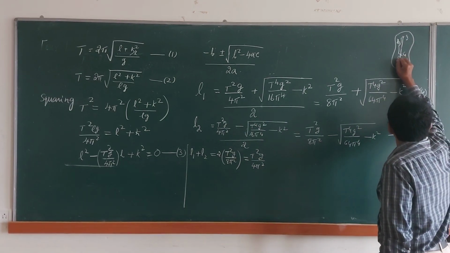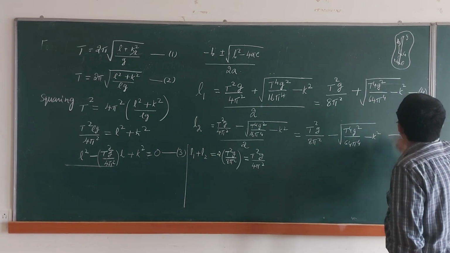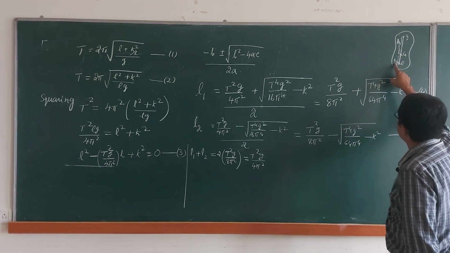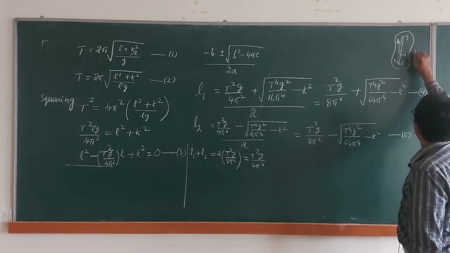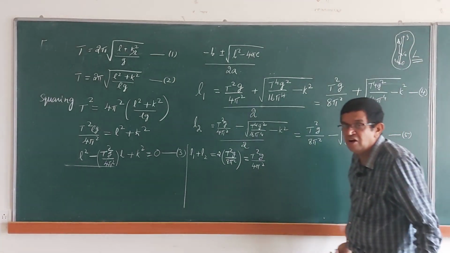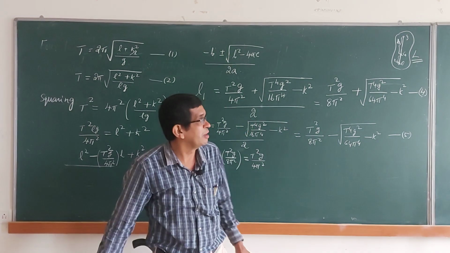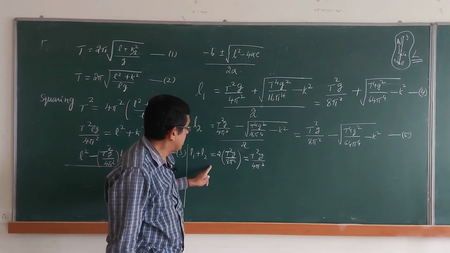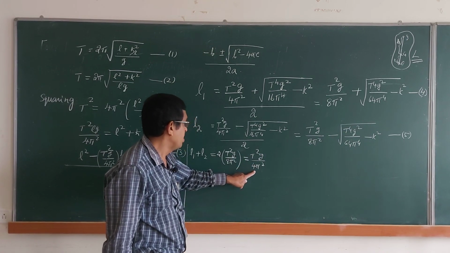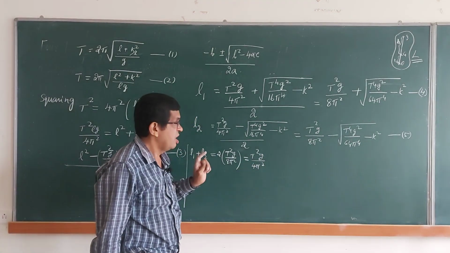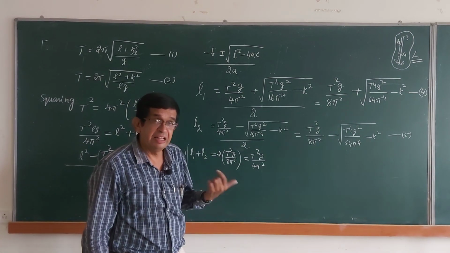What is the second root? The second root is L2, and L1 plus L2 is actually the distance between the center of suspension and the center of oscillation, which is nothing but capital L, or the length of the compound pendulum. Therefore, L1 plus L2 gives T square G by 4 pi square, which is equal to L.